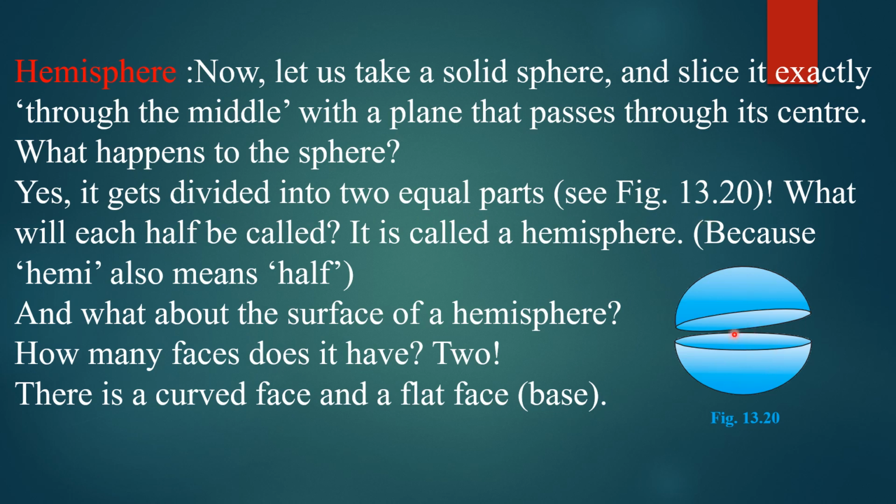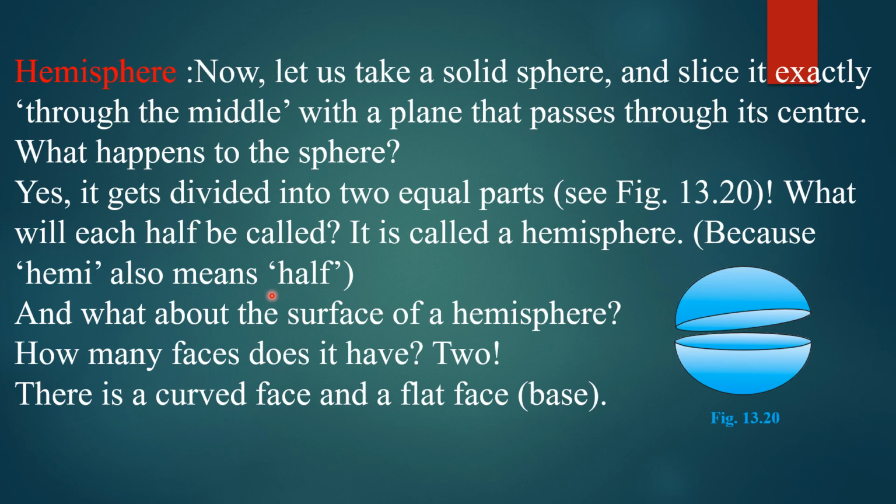A solid sphere was cut by a plane which passes through the center of the sphere. Then we get 2 equal parts of the sphere. What will each be called? Yes, it is called a hemisphere, because hemi means half.